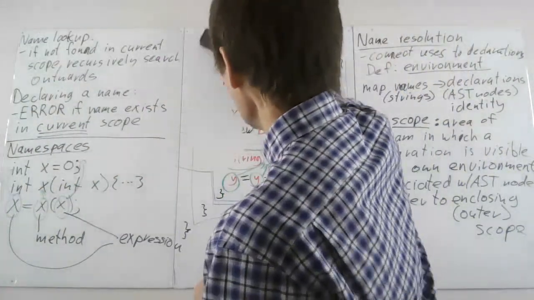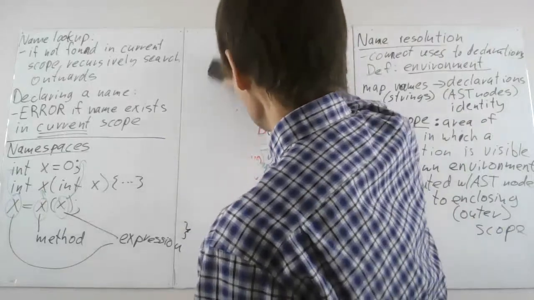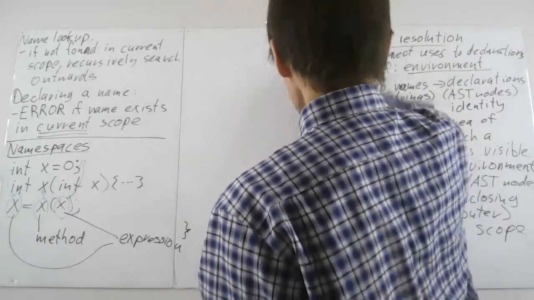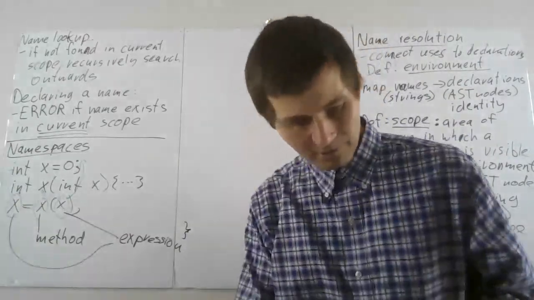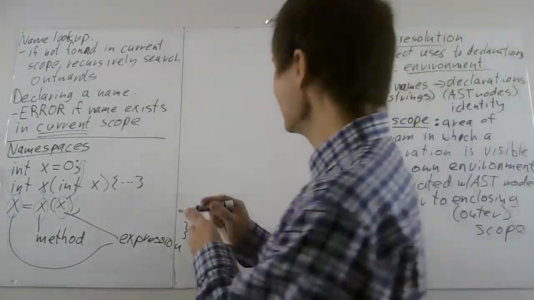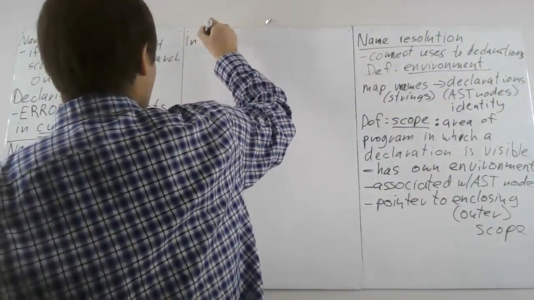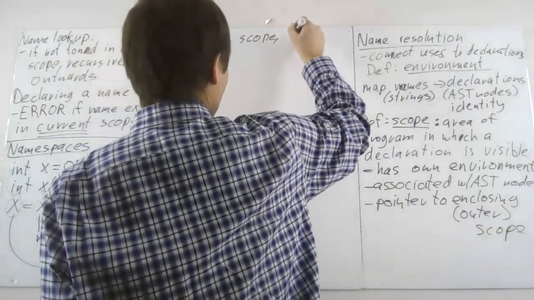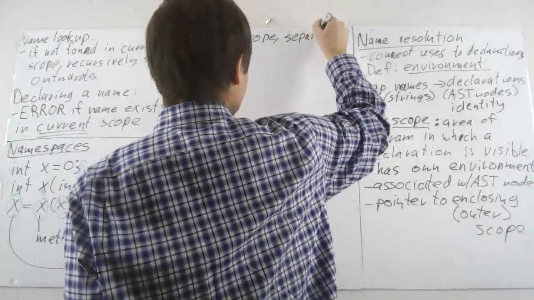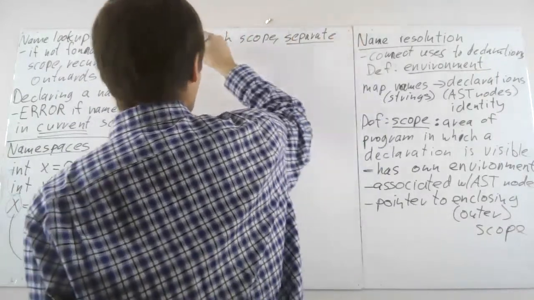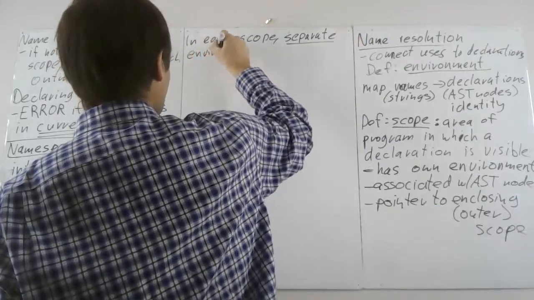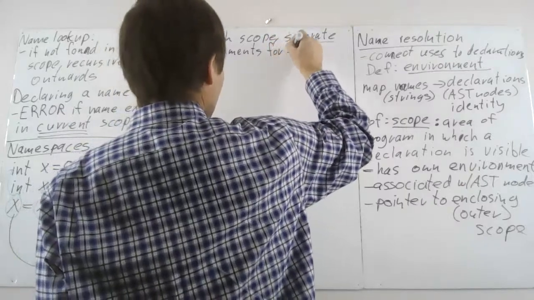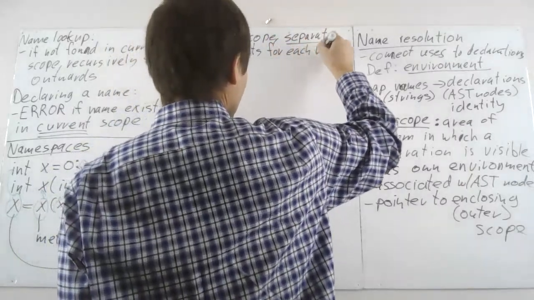Implementation-wise, we actually need a separate environment for each namespace. In each scope, we're going to have a separate environment for each namespace.